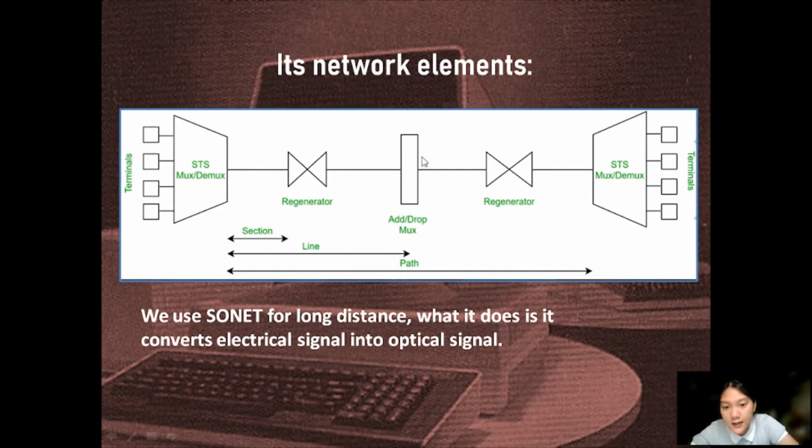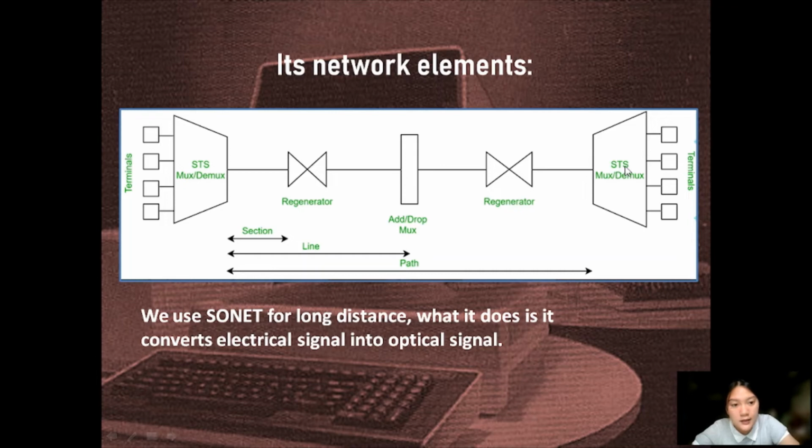Next is the add-drop multiplexer. This allows the addition or removal of a signal or signals from different sources. So it can add or remove signals. And another regenerator again regenerates the signal by increasing its strength.